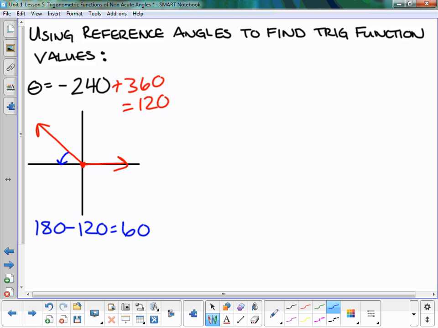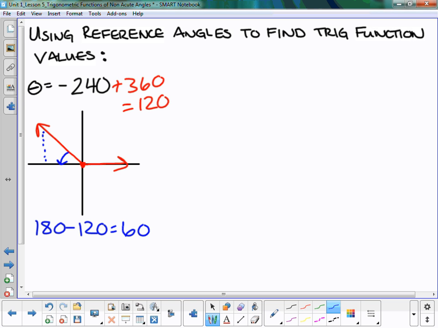So my reference angle comes from one of our special right triangles. If I want to find the 6 trig functions of negative 240, all I need to do is use my special right triangle in the second quadrant.